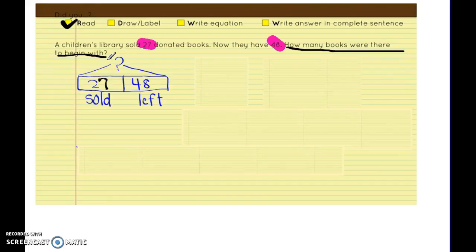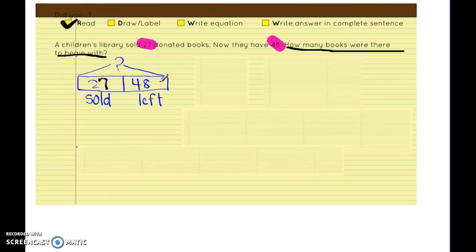We don't know the whole amount. I do know that there were 27 sold. So I wrote 27 in my first box because that is the part, and then I wrote sold, labeled it underneath. I also know that there are now only 48 left. 48 is my second part.